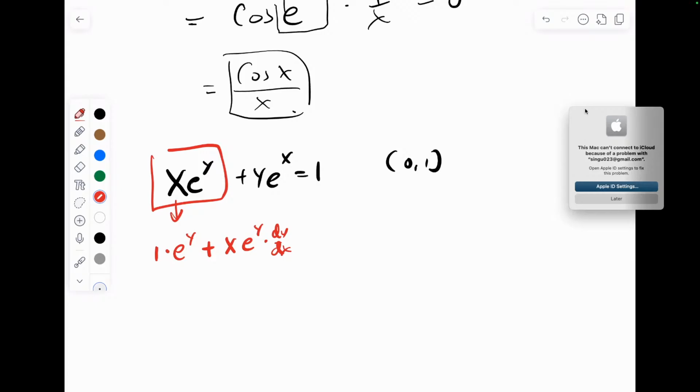Raise your hand. Do you understand why that is? I'm going to do a product rule on the second one as well. So what's the derivative of y? It's dy dx, right? e to the x plus y e to the x is equal to 0. So this is the derivative.